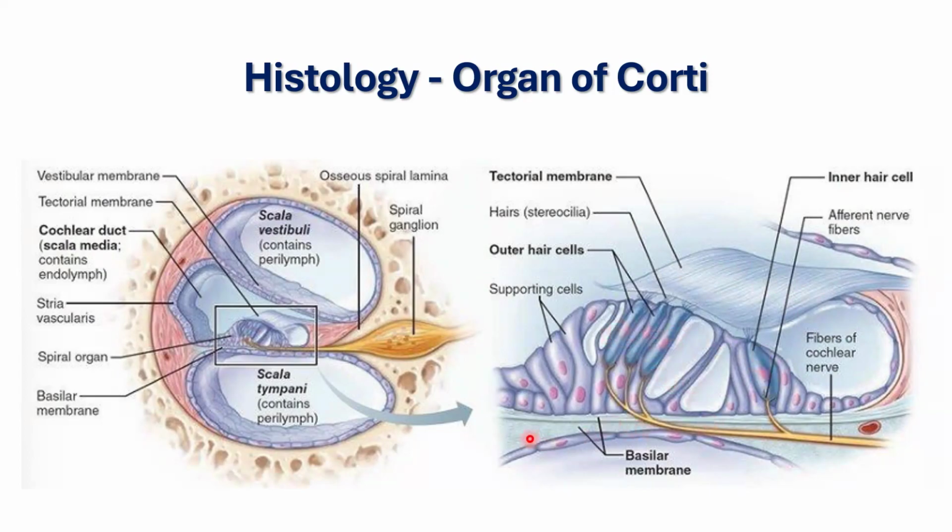We have a basilar membrane, fibers of the cochlear nerve, then you have the various supporting cells. These are the various phalangeal cells at this point. Then you have pillar cells and other cells. So go ahead and check what the various cell types are and what their modifications are towards supporting these hair cells.